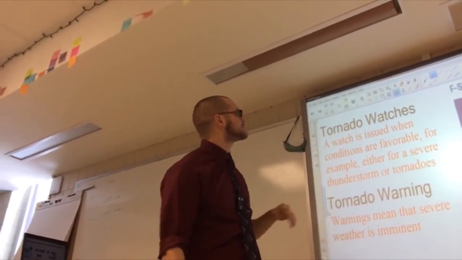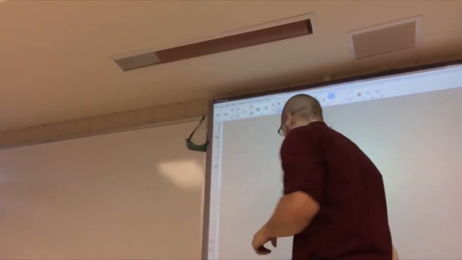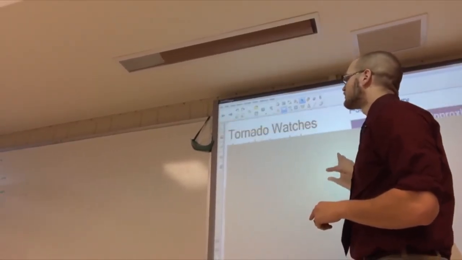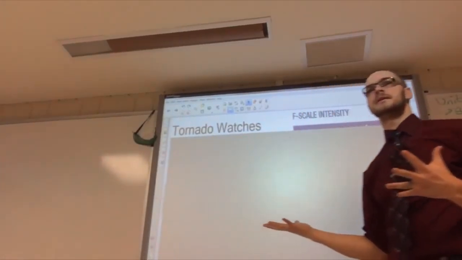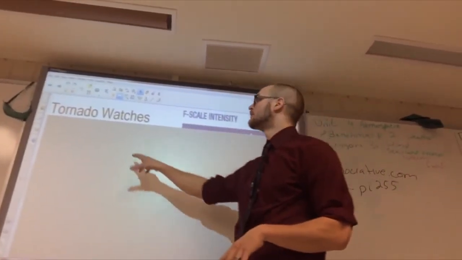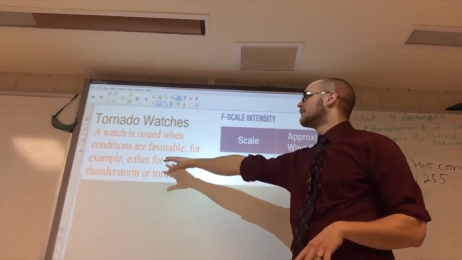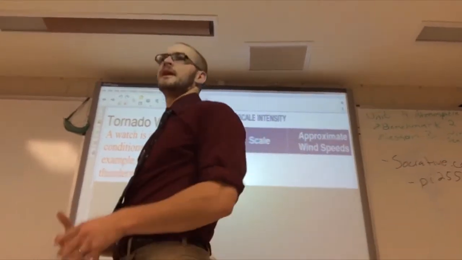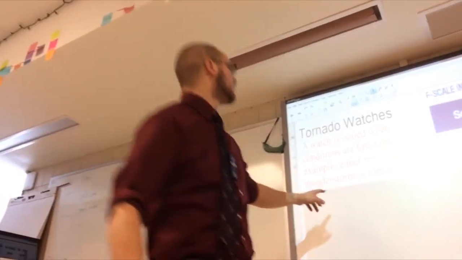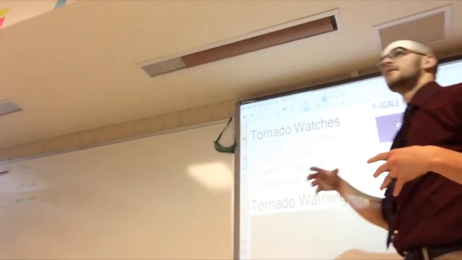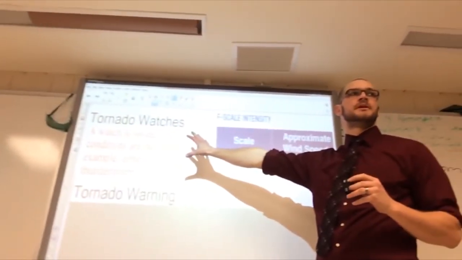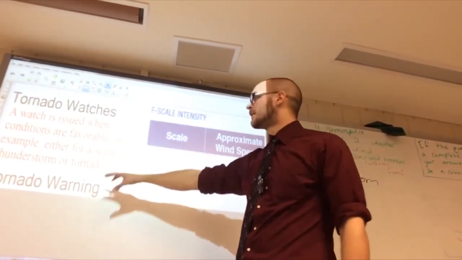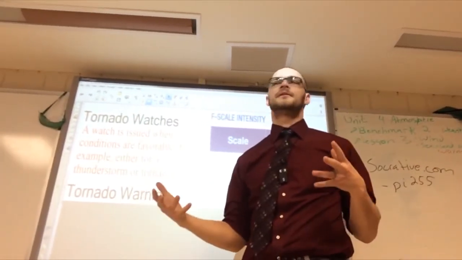Now, towards the bottom, a tornado watch. What's worse, a tornado watch or a tornado warning? A tornado warning is worse. A watch means conditions are favorable. Basically, you have all the ingredients, but they haven't come together yet. A tornado warning, on the other hand, means those pieces are there and they look like they're coming together in a bad way.